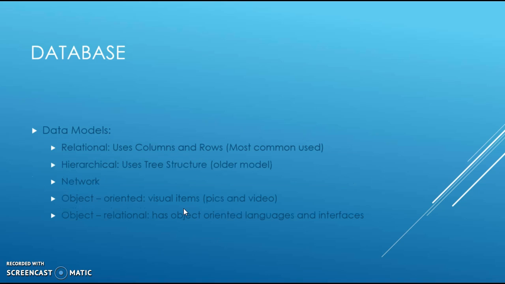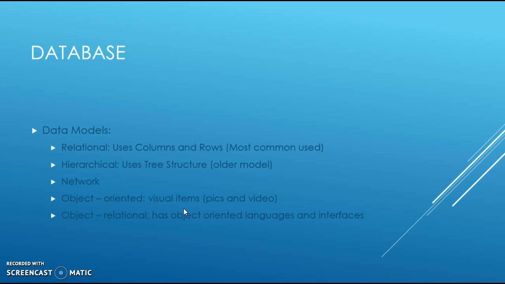So, database models. There's a relational model, and that uses columns and rows. It's the most commonly used, and it's most frequently still used today. You also have a hierarchical model, and this is one of the older models, not the oldest. It uses a tree structure to find things inside the system.